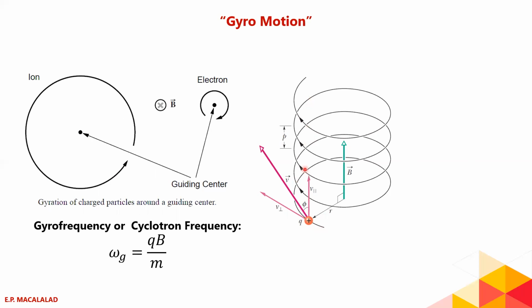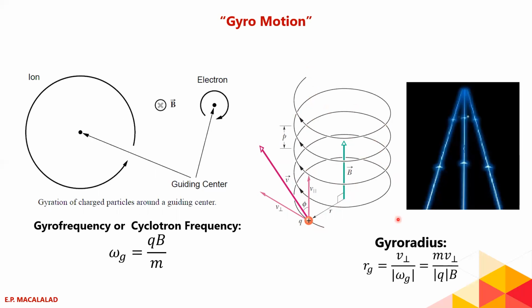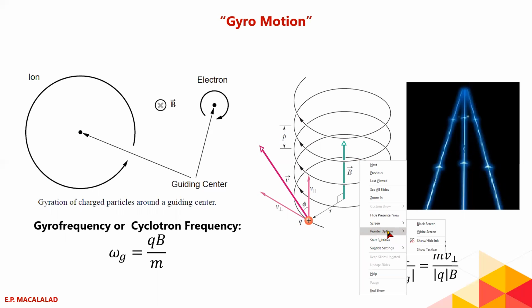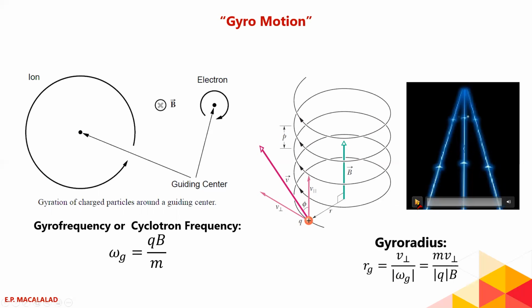So the net result will be a spiral motion. This spiral motion is evident for a magnetic field line configuration that is uniform. In a three-dimensional perspective, it would look something like this. So the motion of the particle will spiral like this.